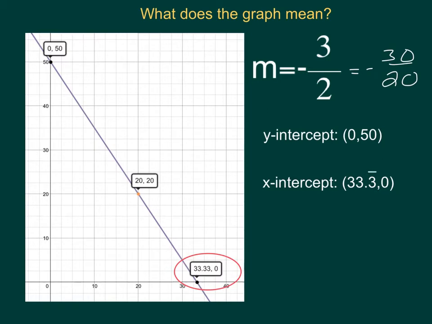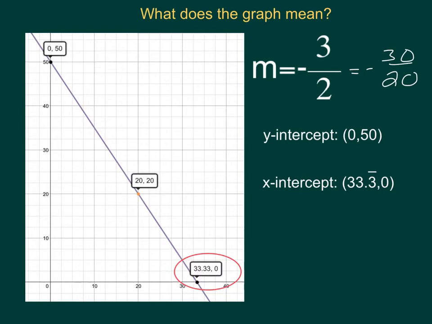Now, what that would mean is that that's how many days it would take before my gift card ran out. Realistically, I know that I can't buy it on a third of a day, so after 33 days, I'd still have a little bit of cash left on the card, and I wouldn't have enough for the 34th day. And so this is something that we'd really have to consider here.